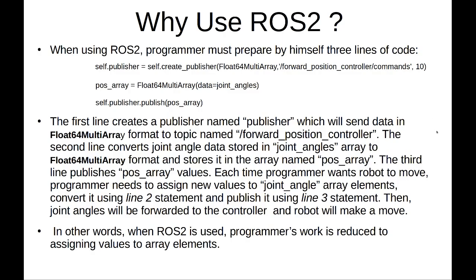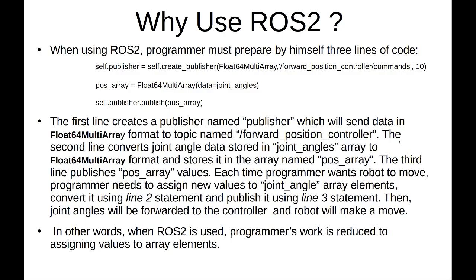The first line creates a publisher named publisher which will send data in float64 multi-array format to topic named forward position controller. Here publisher is an optional name. You can use any name you like, and topic name is determined during robot setup.